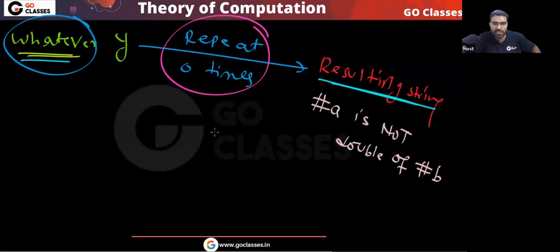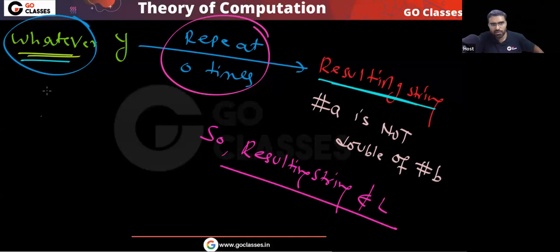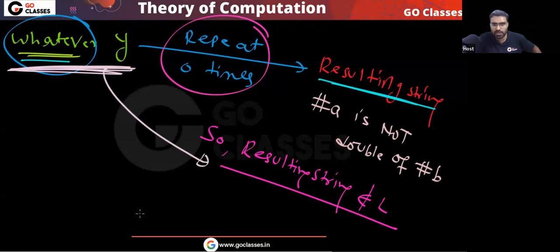So finally, what can I say? The resulting string does not belong to L. Whatever Y you take, for any Y, if you repeat it 0 times, the string will not belong to L. So finally, the pumping lemma fails.